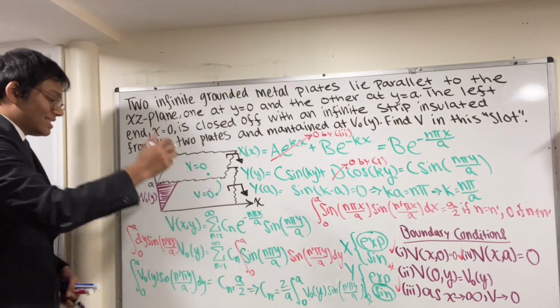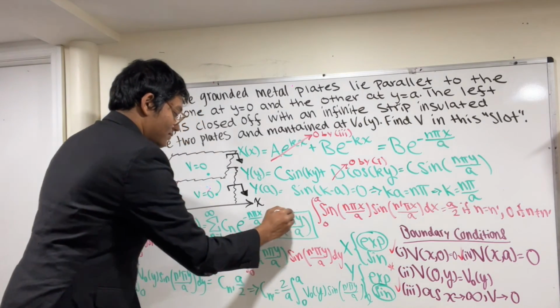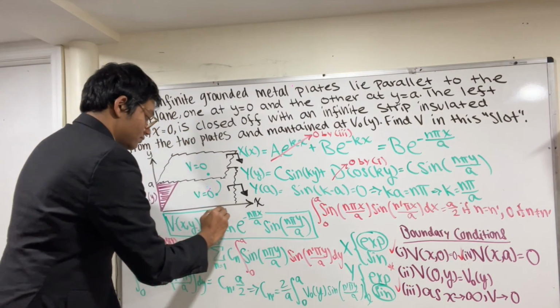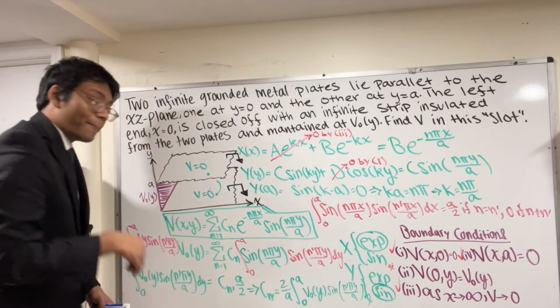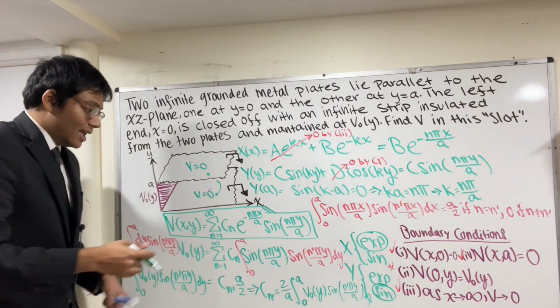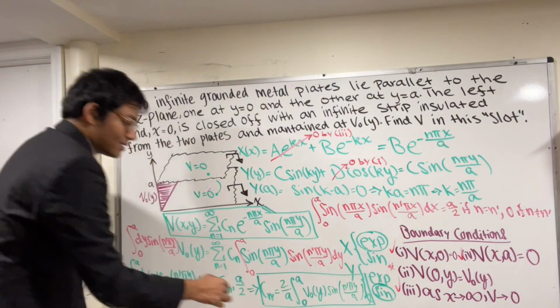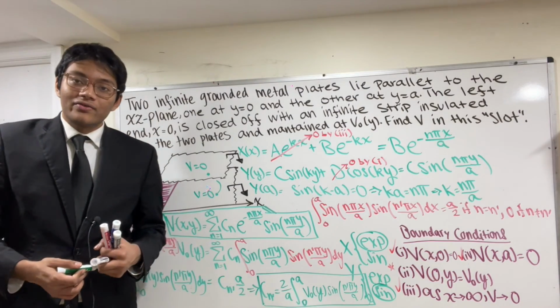All right, folks, so this is your answer right here. But you not only have to express what the potential is, but also what your expansion coefficients are. And that's what this is. So this is our final answer for this problem.